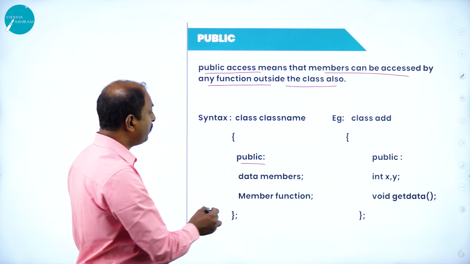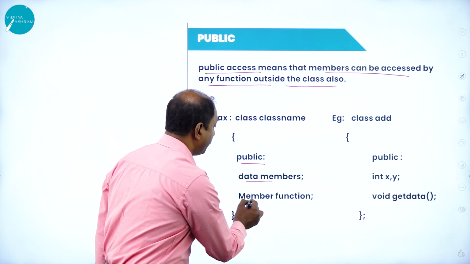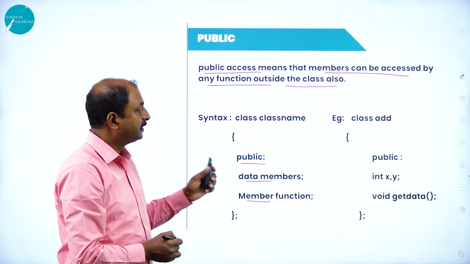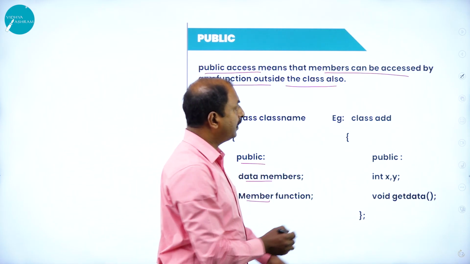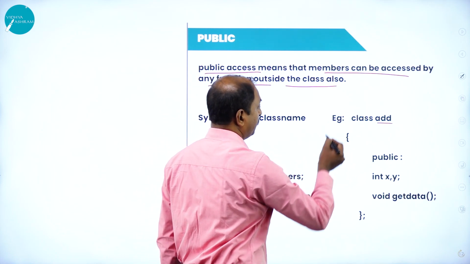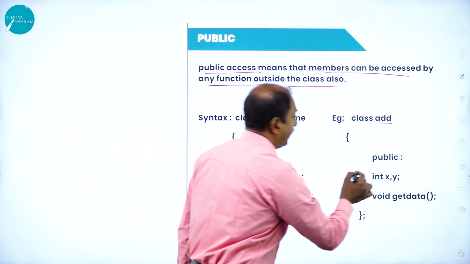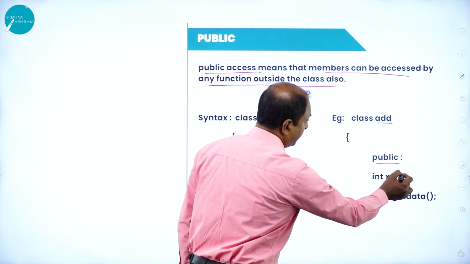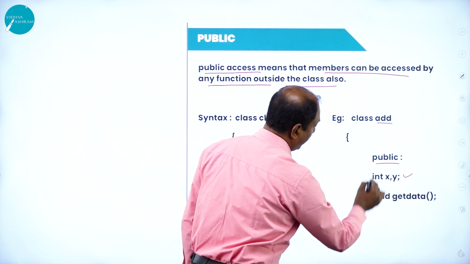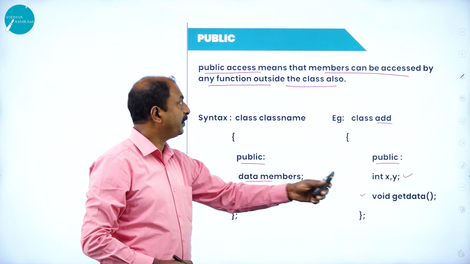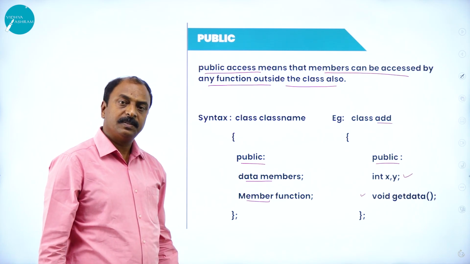Under this we have data members as well as member functions, closing the class with bracket and semicolon. Now the example, class add. This is the name of a class. Open the bracket, and public is the access specifier with the member data as well as member functions. This is the syntax and example for the public access specifier.